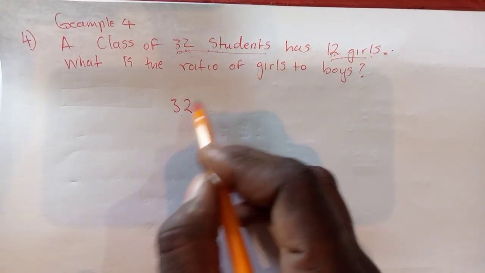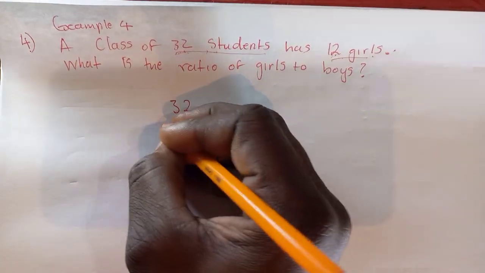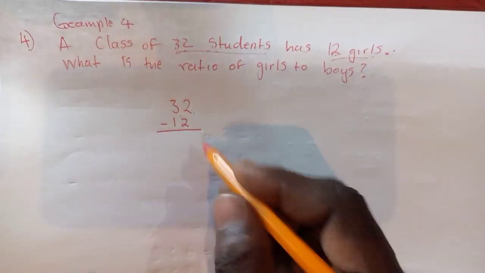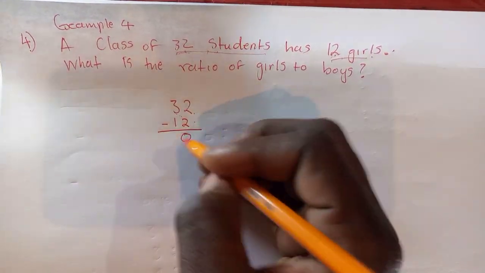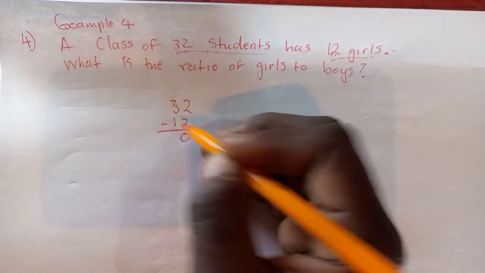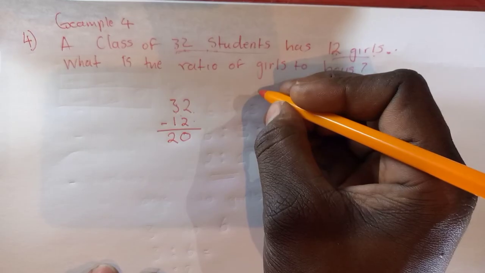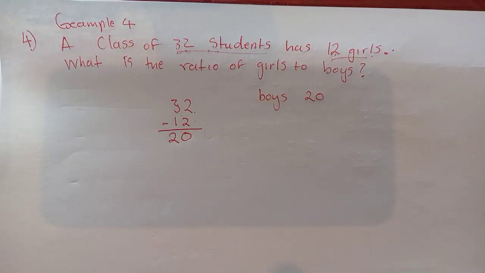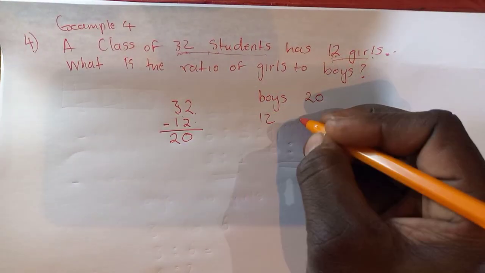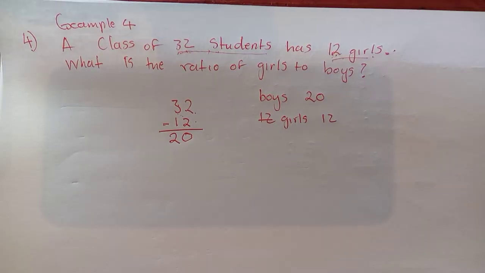So 32 minus 12: 2 minus 2 is 0, then 3 minus 1 is 2. So we have found the number of boys to be 20. We have 20 boys and 12 girls.